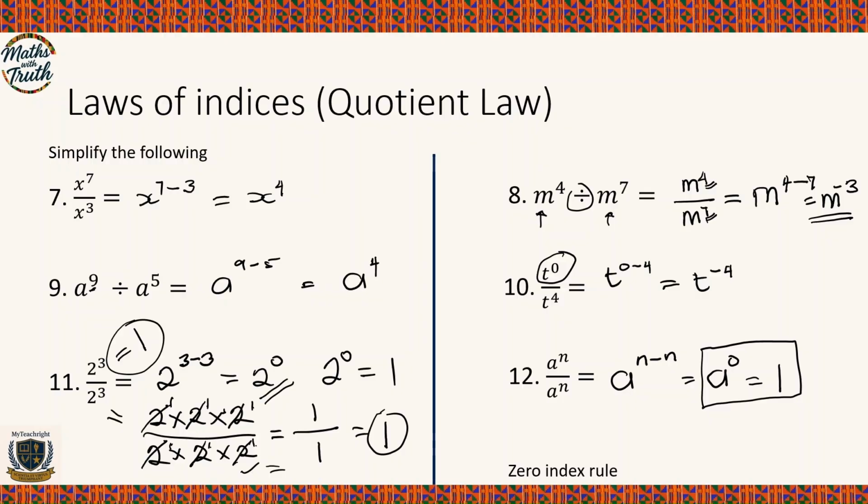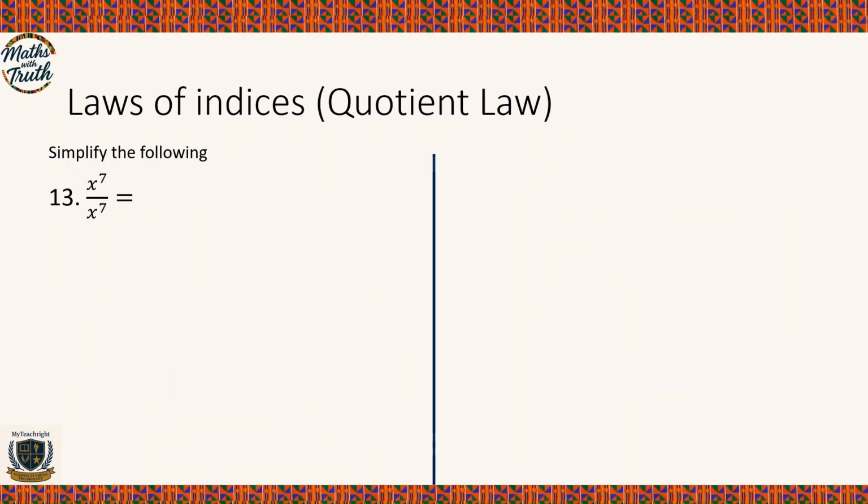Okay, so let's solve some questions. We have 13. This we know will be x exponent 7 minus 7, which is equal to x exponent 0. And by the zero index rule that you have derived, we know that that is equal to 1. Okay, what about this?